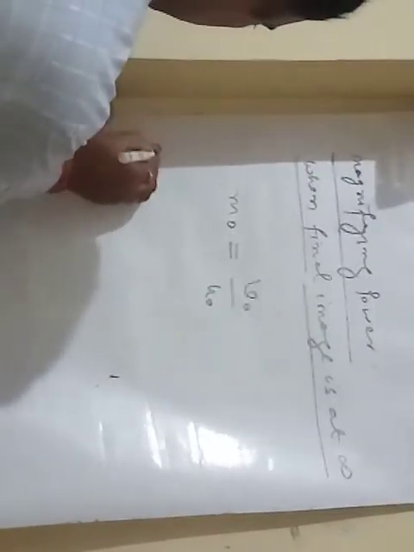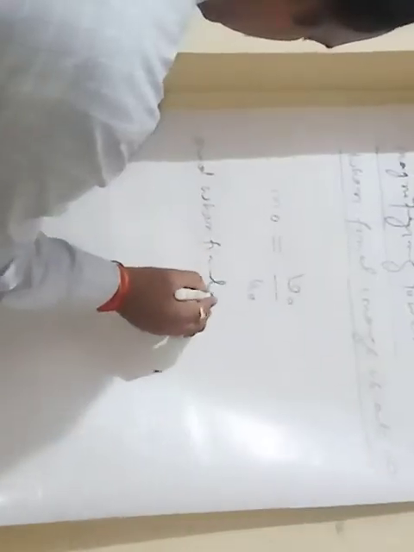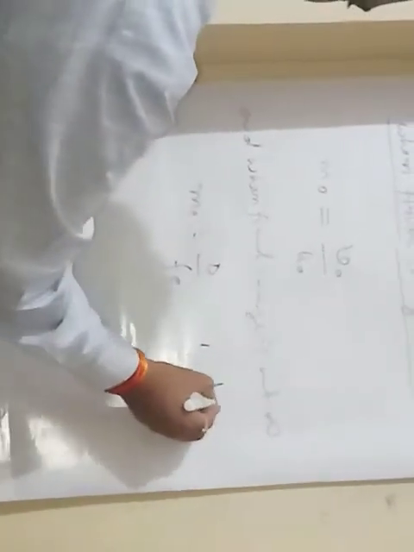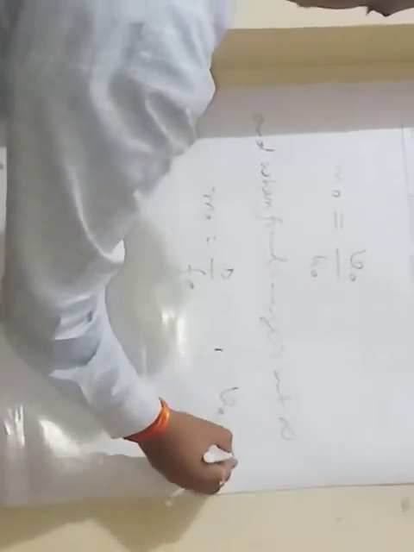And when the final image is at infinity, the magnifying power given by the eye lens is represented as ME equal to D by FE, because VE equals infinity.